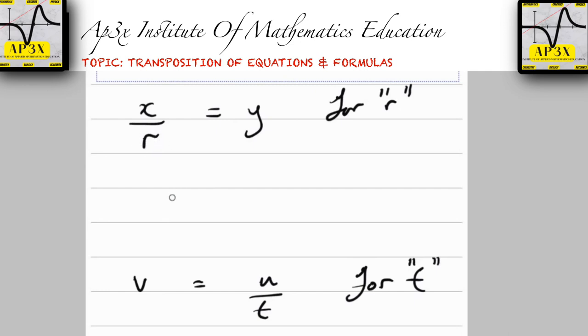So what we can do here is still multiply both sides by R. I find that many students, when I ask them this, say they're going to multiply both sides by X. The common mistake would be to say, okay, I'm looking for R, so I need to get rid of X, and they'll do X multiplied by X over R, then cancel the X. That is horrific.